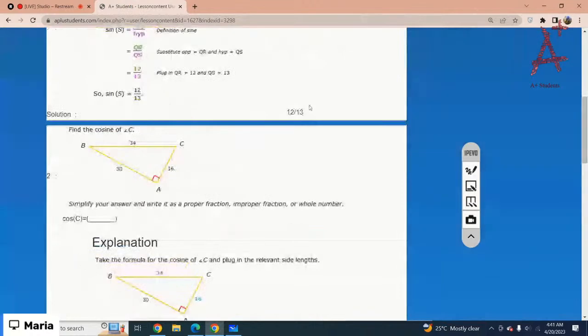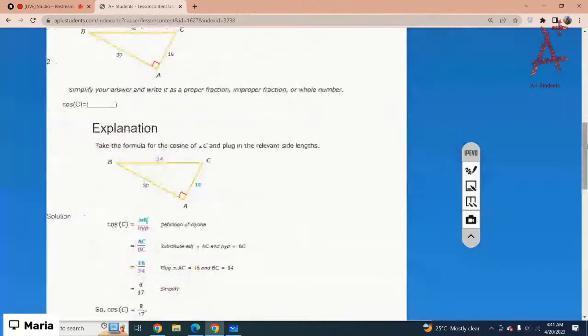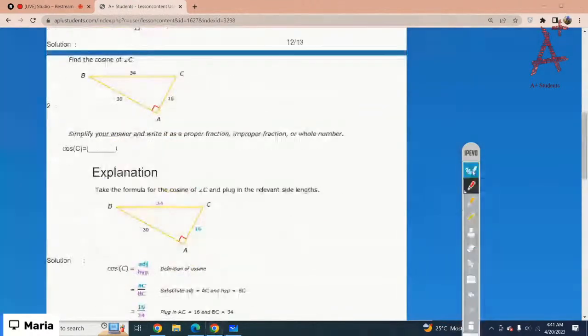What is the cosine of angle C? Here is angle C. You have to find the cosine of angle C. Cosine of angle C is adjacent divided by hypotenuse. The adjacent of angle C is this one, and the hypotenuse from angle C is 34.